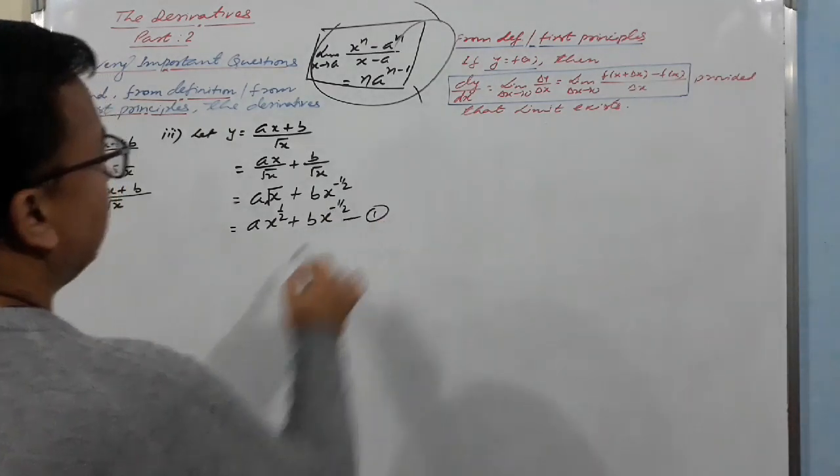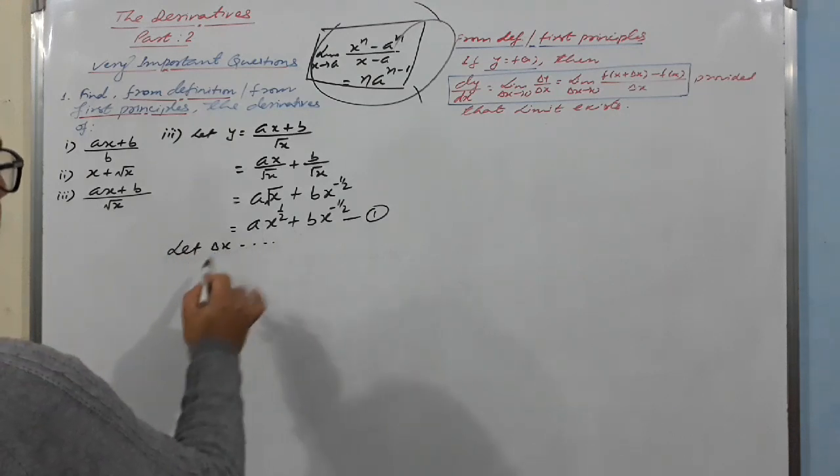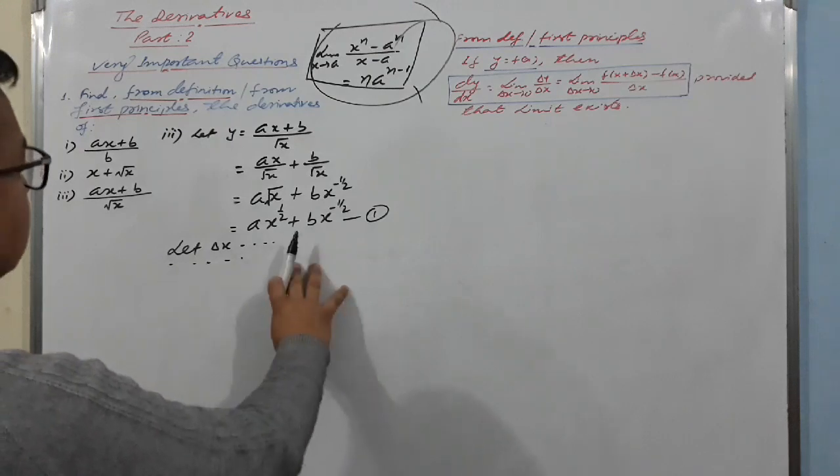Let's say this one is first, and here you need to write down let delta x, as we have written in the last solution of the second question, or in the first question; you will write down the same thing.